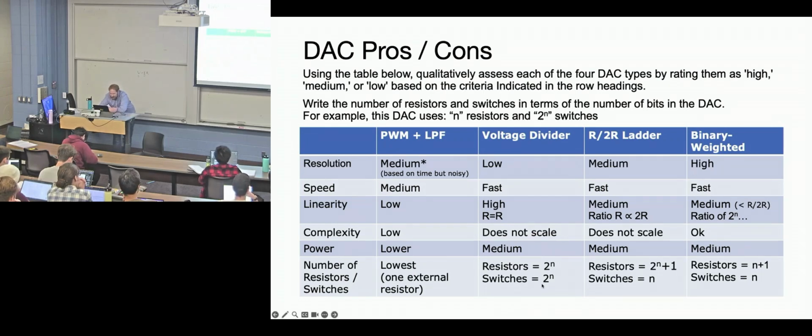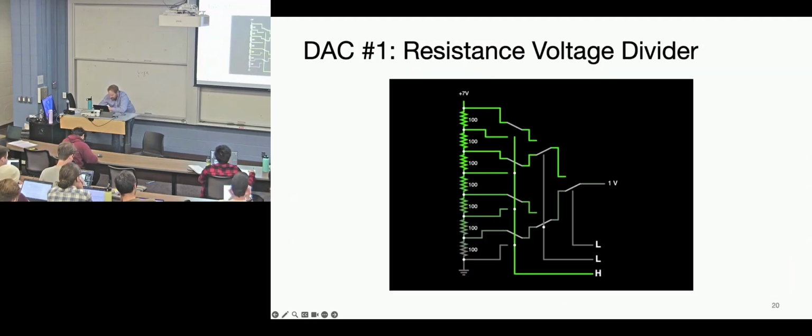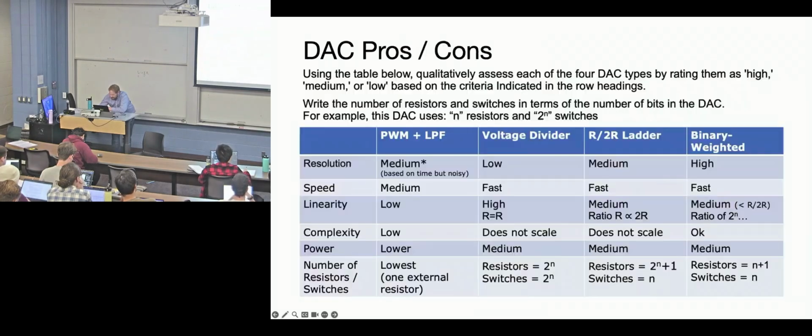So voltage divider, how many switches did you say there? Oh, I think you got voltage divider wrong. Okay. I said there was n plus 1 resistors and then n switches. Okay, I think this is right.